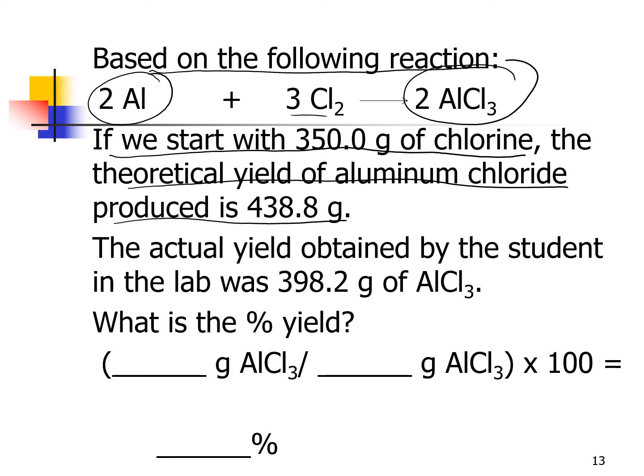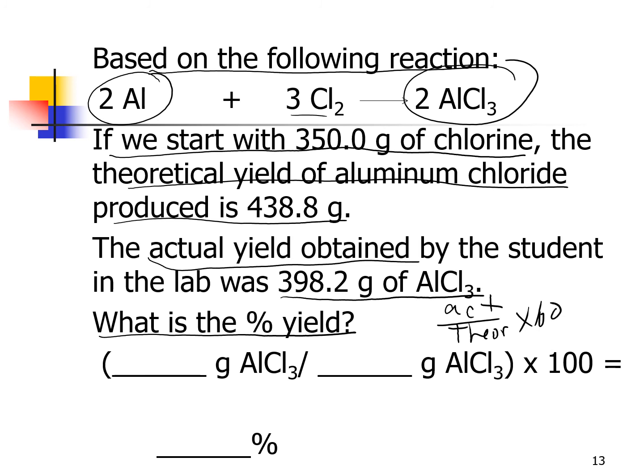We calculated that on the piece of paper. That was our theoretical yield. If the student went into the lab, the actual yield they obtained was 398.2 grams of aluminum chloride. The question is, what is the percent yield? So the thing to remember with percent yield is it's actual over theoretical times 100.